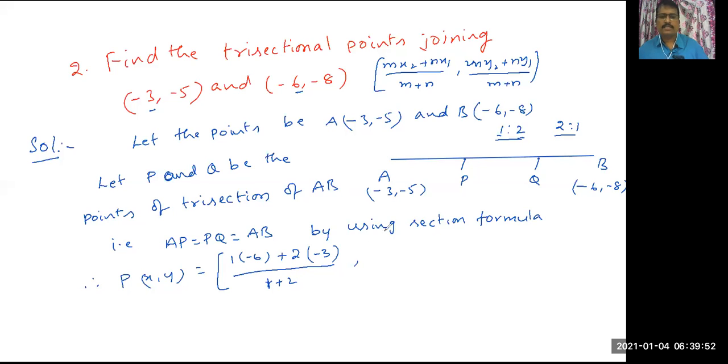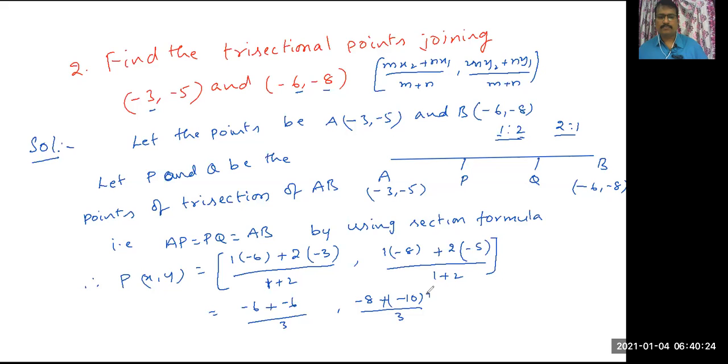That's it. Next, here m is 1 and y2 is minus 8. 1 into minus 8 plus n is 2 into y1 means minus 5 by 1 plus 2. So 1 into minus 6 is minus 6 plus minus 6 by 3, minus 8 plus minus 10 by 3.